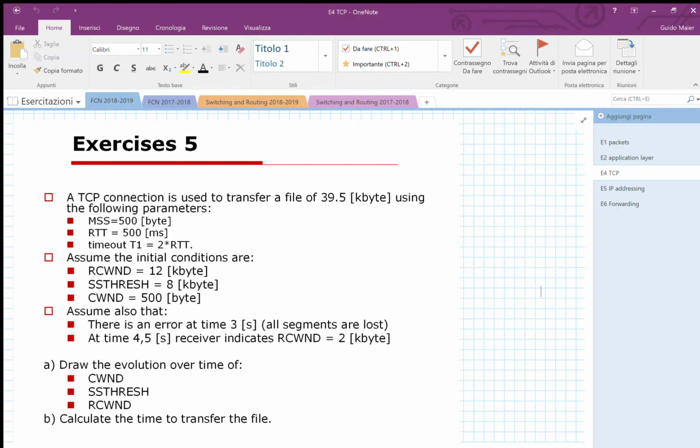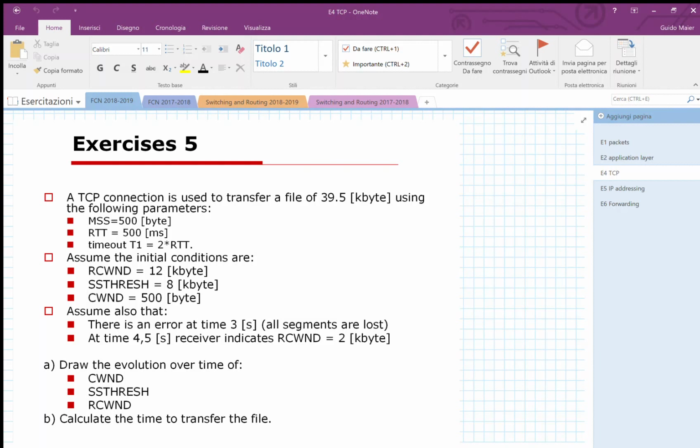So this is from a TCP. So a TCP connection is used to transfer a file of 39.5 kilobytes using the following parameters: maximum segment size, round trip time, assumed to be, of course, constant, which is just for the exercise, initial timeout, which is set to 2 times the round trip time.